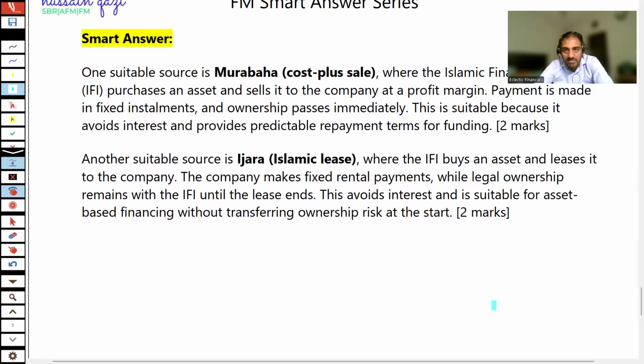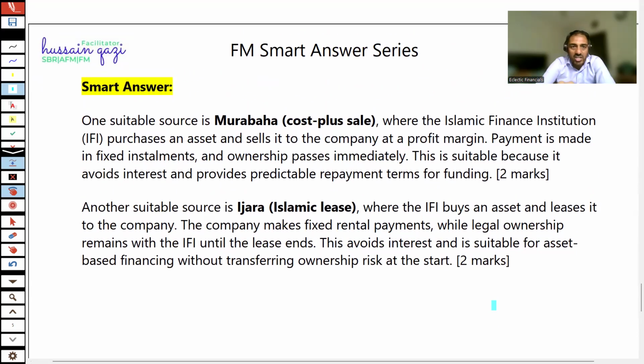Student standard answer. Make sure both descriptions include definition and suitability. For example, Murabaha is cost-plus sales, where Islamic finance institutions, Islamic banks, purchase the asset. For example, if I require a car, the Islamic bank will not provide me the finance, but first purchases the car and sells it to the company.